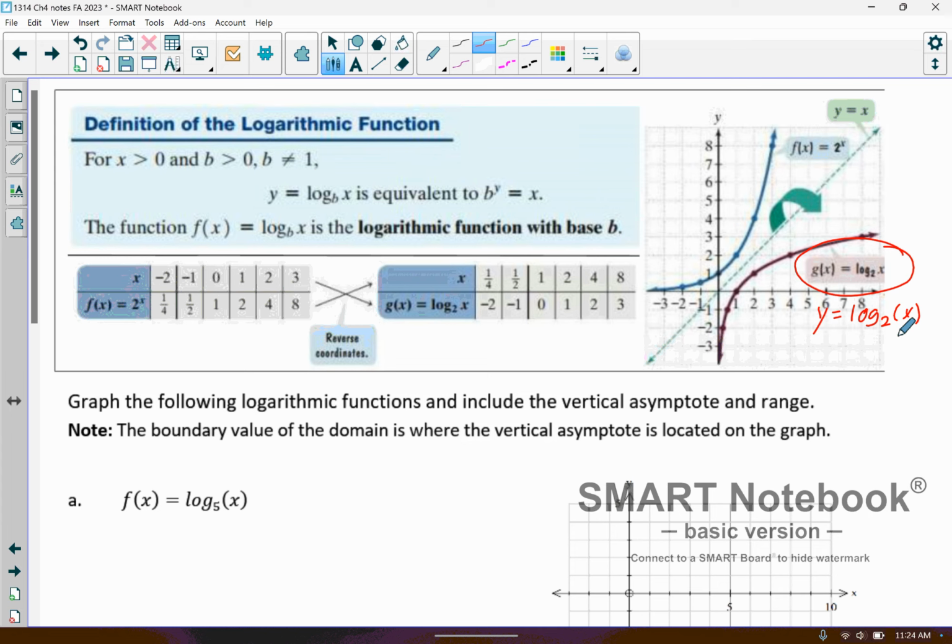If we convert that to exponential form, it would be 2 to the power of y equals x. Then to create the inverse, you swap the x and y, and you end up with y equals 2 to the power of x, which I have right here.